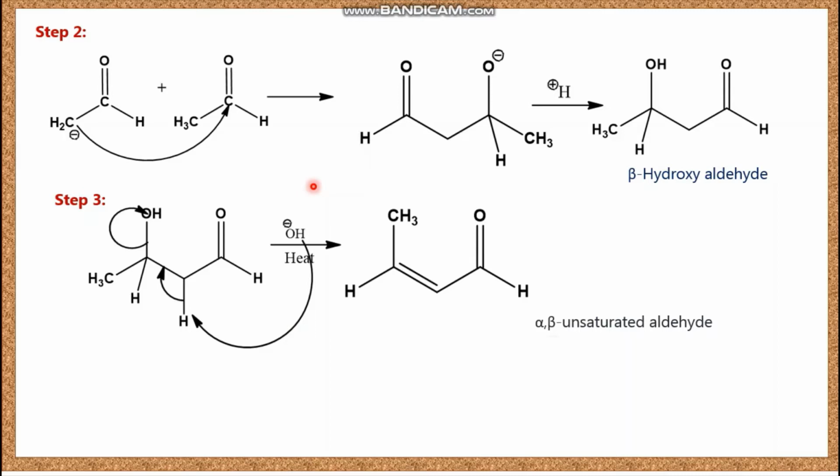First it will give beta hydroxy aldehyde, later alpha beta unsaturated aldehyde when excess base is present, and on heating water will eliminate to give an unsaturated compound. If we want to stop at the aldol stage, we can use a basic ion exchange resin. That means step 3 can be cancelled if we use a basic ion exchange resin.